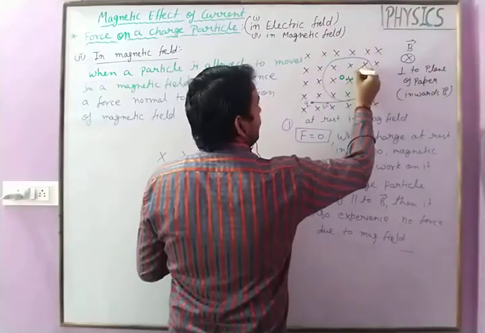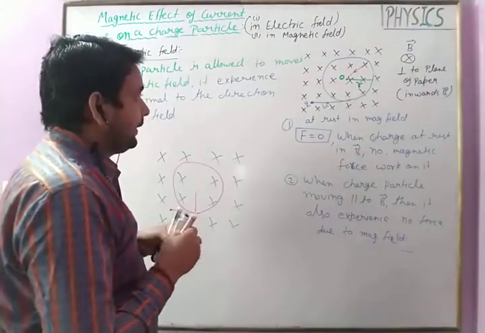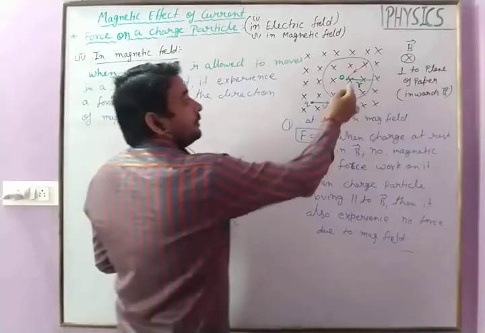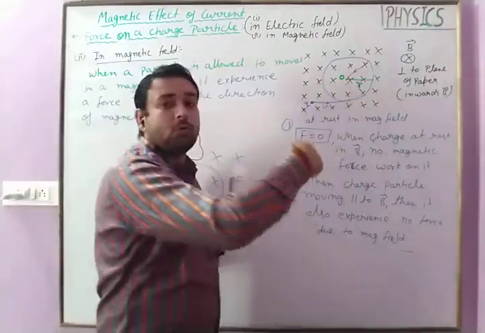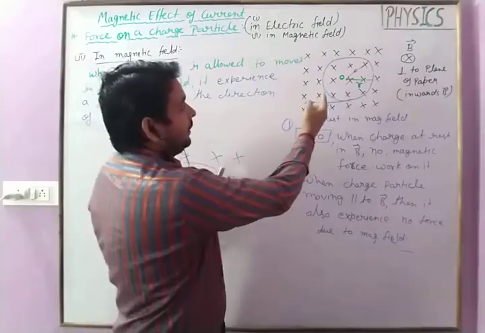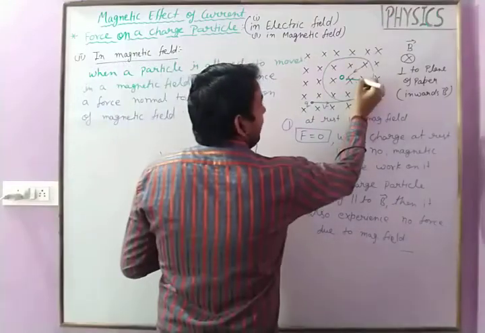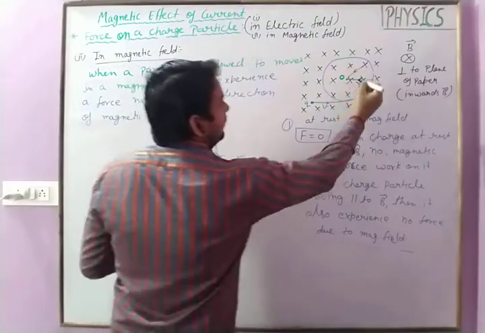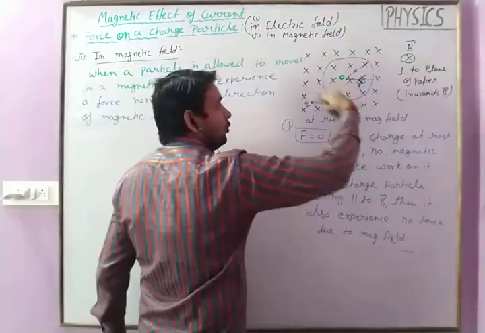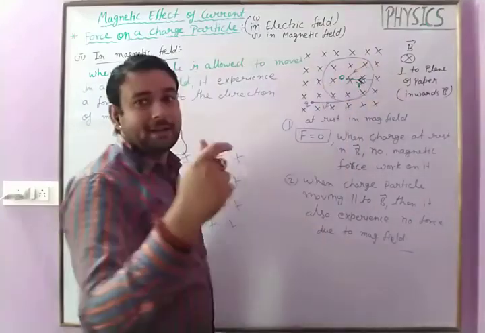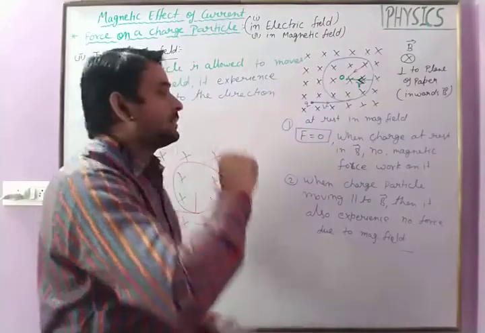The centripetal force acts in the direction of the center, and the force which provides the centripetal force to move the particle in the magnetic field also acts towards the center, because the particle is moving due to that magnetic force, which allows the particle to move in the circular path.